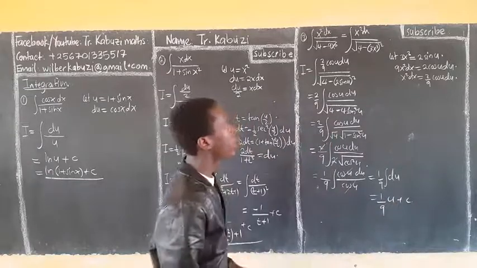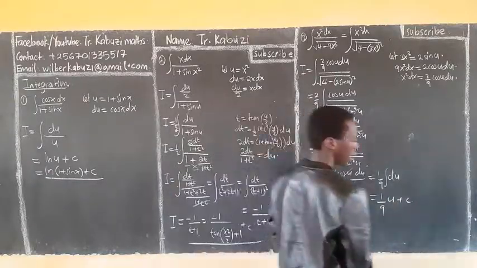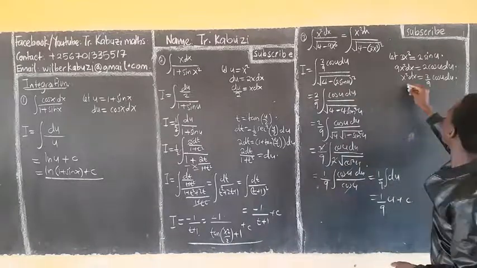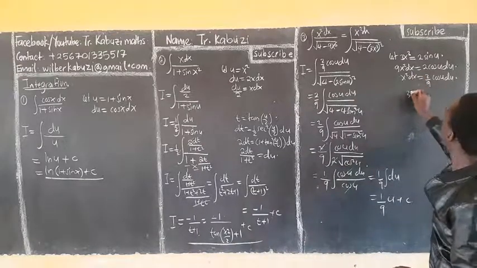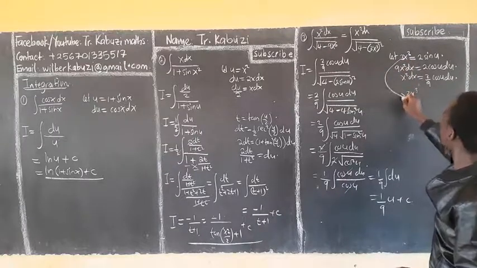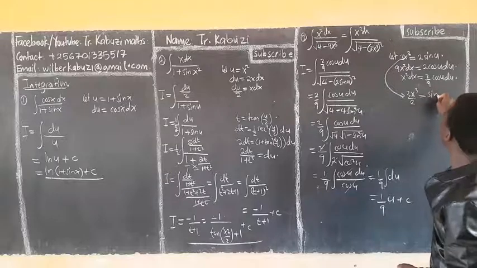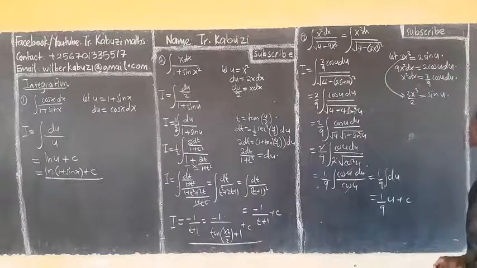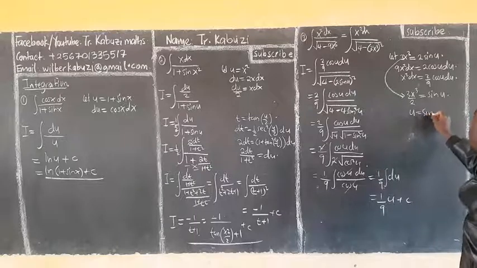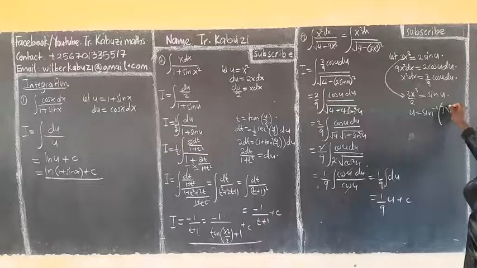But what was my u? You go back from here. 3x cubed over 2 is equal to sine u. So u is going to be sine inverse of 3x cubed over 2.